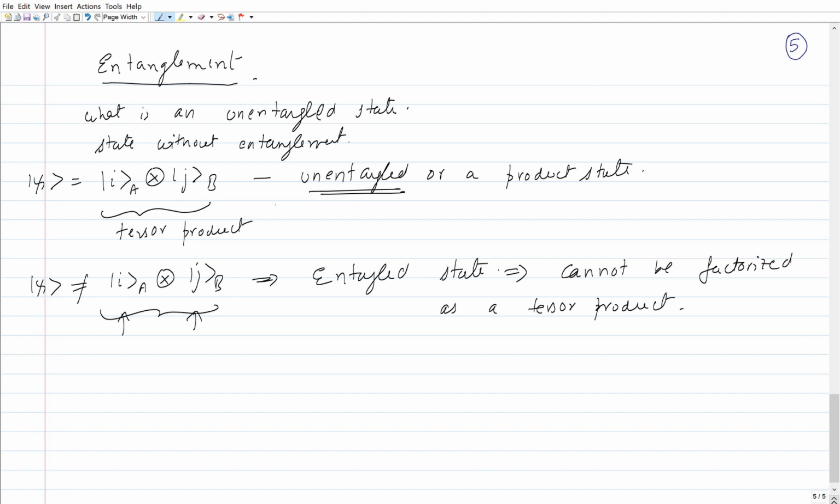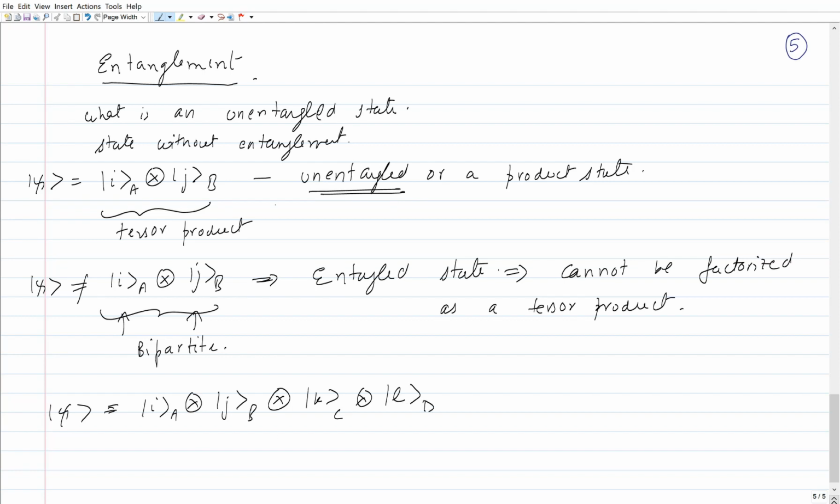So this basically can be extended. This was for a bipartite system, naming a subsystem of a composite system of two parties, but this essentially can be for a many party system also, a composite system, and so on and so forth.